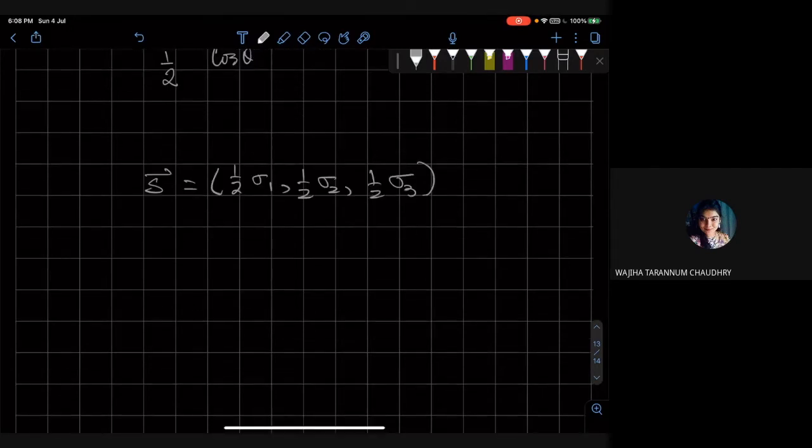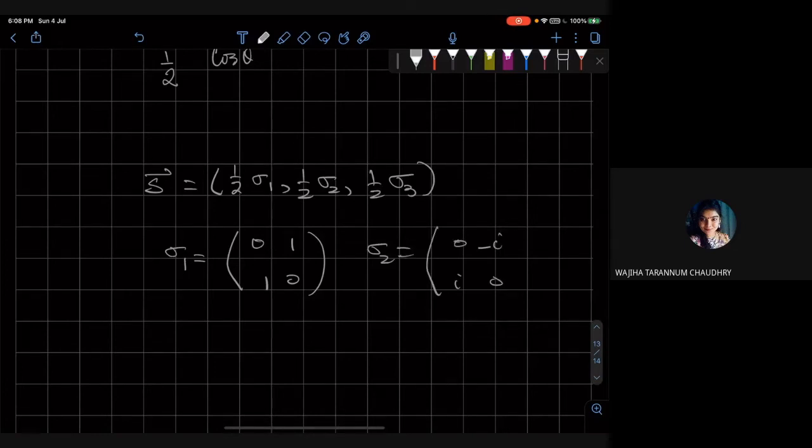Let me remind you what the Pauli matrices are. Sigma 1 is real, with 1, 1 in the off diagonal. Sigma 2 is imaginary. The thing about the Pauli matrices is that all the minus signs are facing inside.